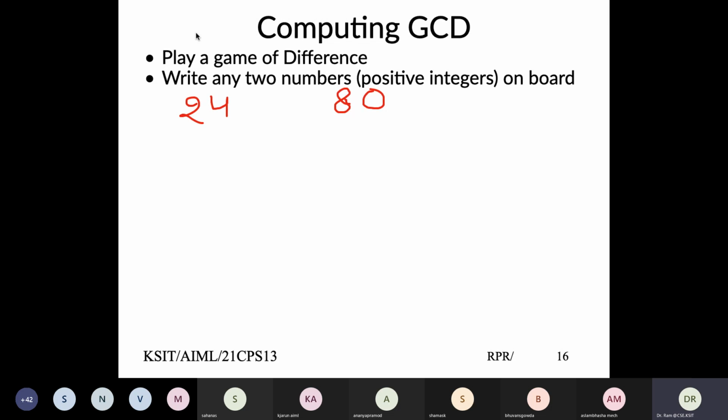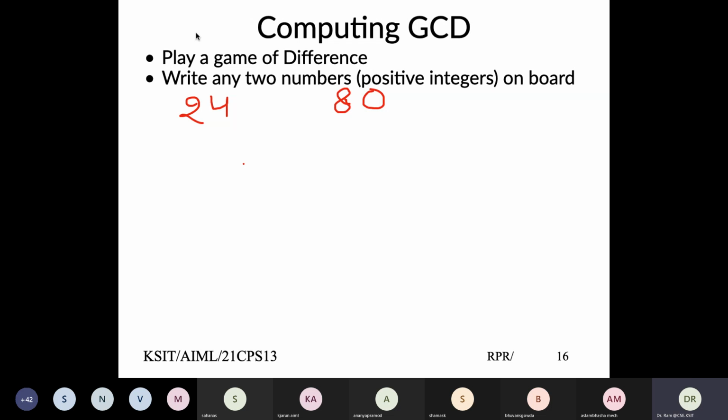Your job is to write any number on the board such that this number is not already present on the board, and it should be the difference of any two numbers on the board. So let me repeat. Take these two numbers.